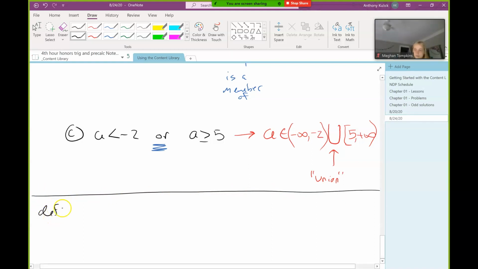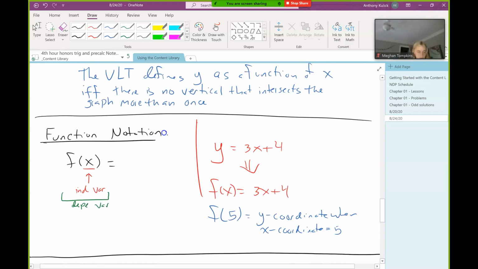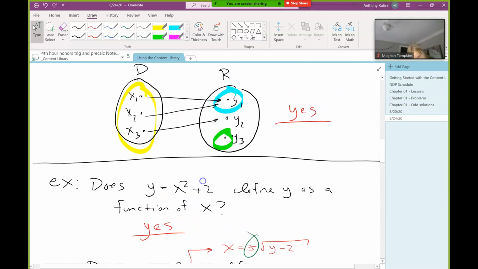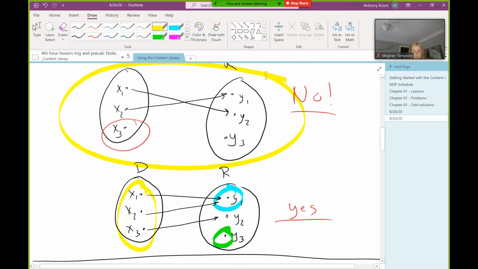What we're going to do now is we're going to define something called the implied domain. And this is related to this example here, when I talked about how we could make this a function by just excluding x3 from the domain, by restricting that domain down to just being the stuff that creates a function.